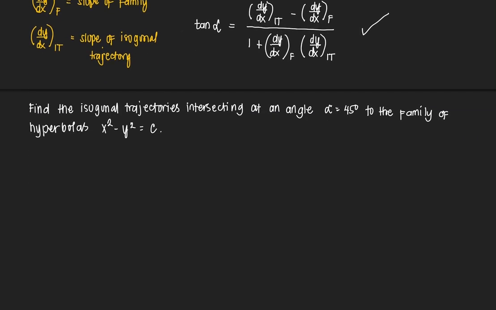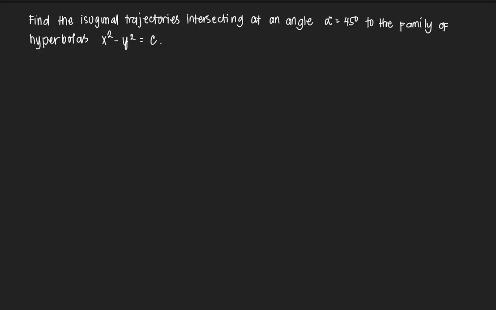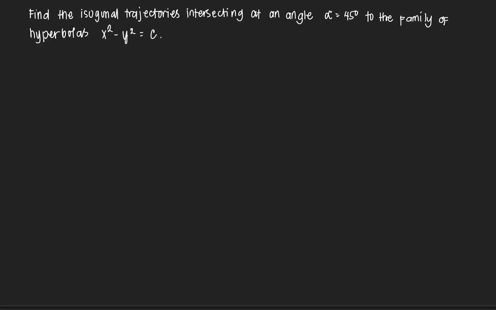So, for example, we are to find the isogonal trajectories intersecting at an angle of 45 degrees to the family of hyperbolas x squared minus y squared equals c. So we're going to follow the steps that we did before. Step number 1, of course, we're already given our equation of the family, x squared minus y squared equals c.